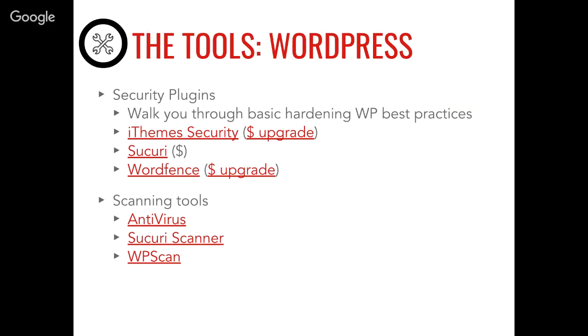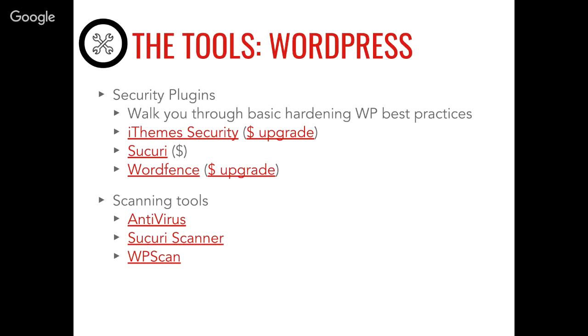These tools will do most of what we've talked about here. A lot of them will walk you through the basics of configuring things like htaccess and wp-config and your user access and different settings through a GUI interface, and then you can select how you would like to configure that, and the plugin will take care of it for you.